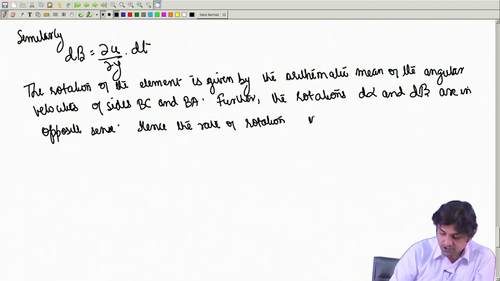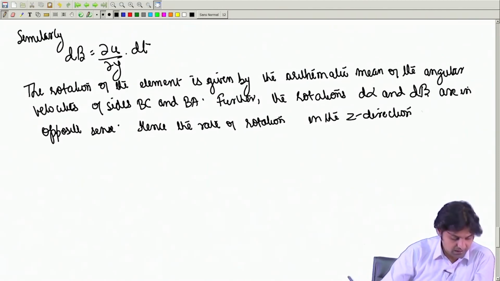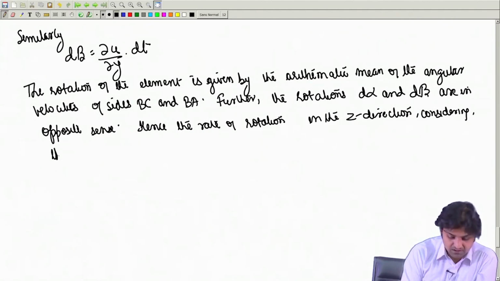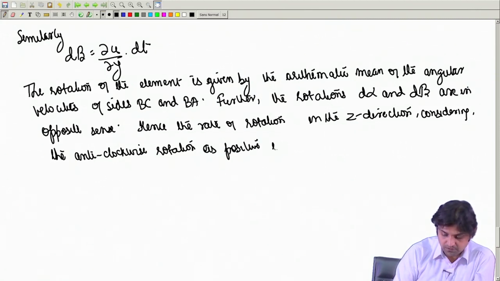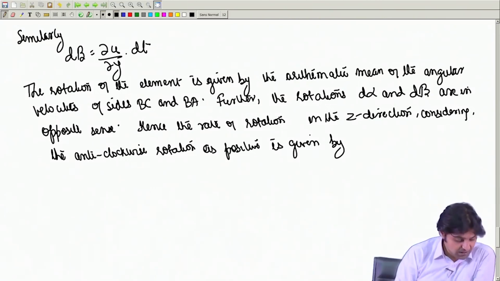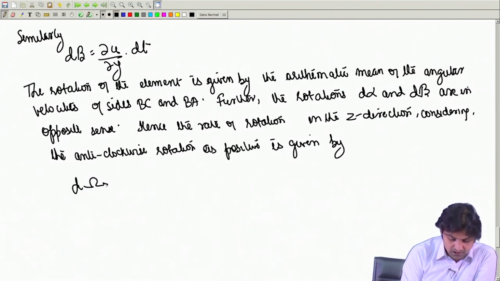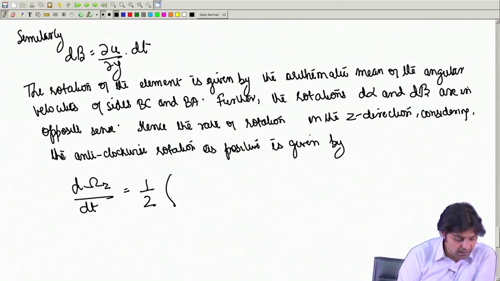Hence, the rate of rotation in the z direction, considering the anti-clockwise rotation as positive, is given by, so the rate of rotation in the z direction is given by, simple, right?